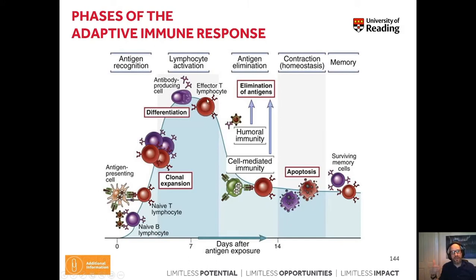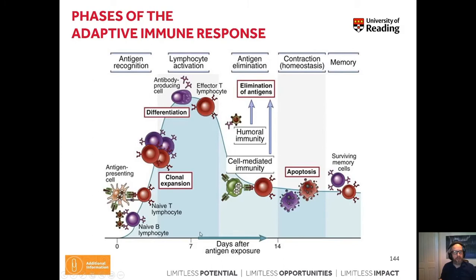In case of T cells, active effector T lymphocytes or T cells are formed, and they actively eliminate infected cells, and this is the antigen elimination phase. Afterwards, after the antigens are actively removed and the infection is actually dealt with, those cells undergo programmed cell death or apoptosis.